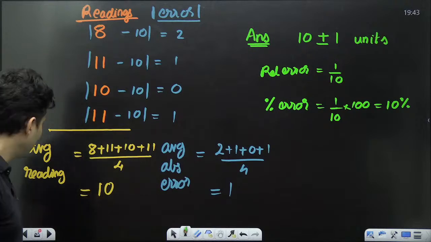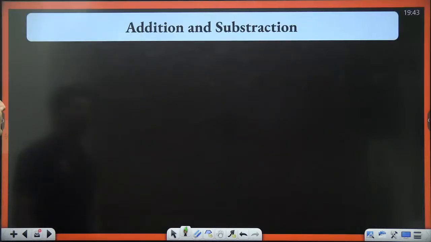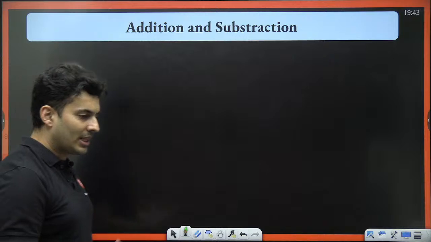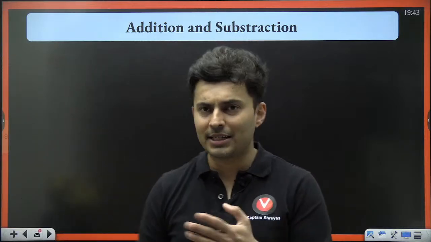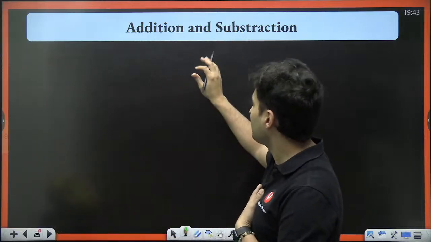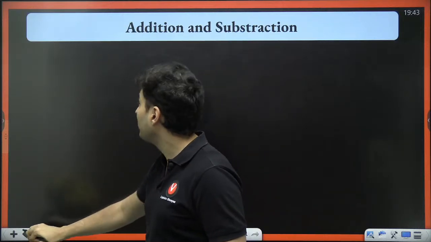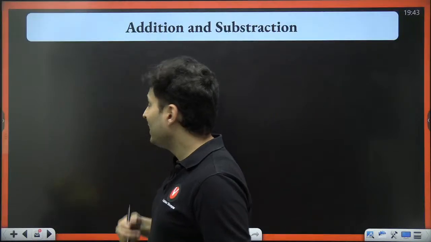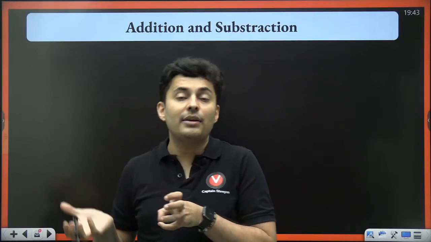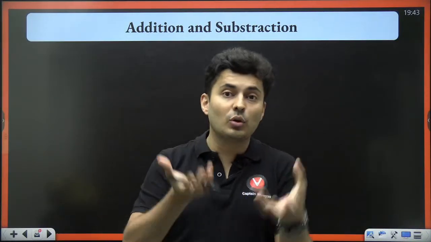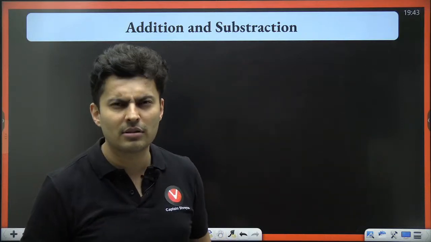Very nice. So let's go to the next concept, that is addition and subtraction, and then the last concept, which is multiplication and division in general. So what do you do when each reading has an error and you are adding or subtracting those quantities with errors themselves?